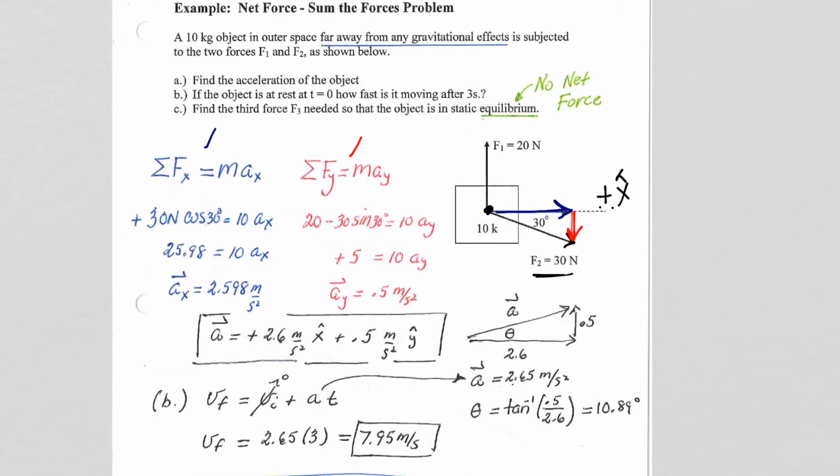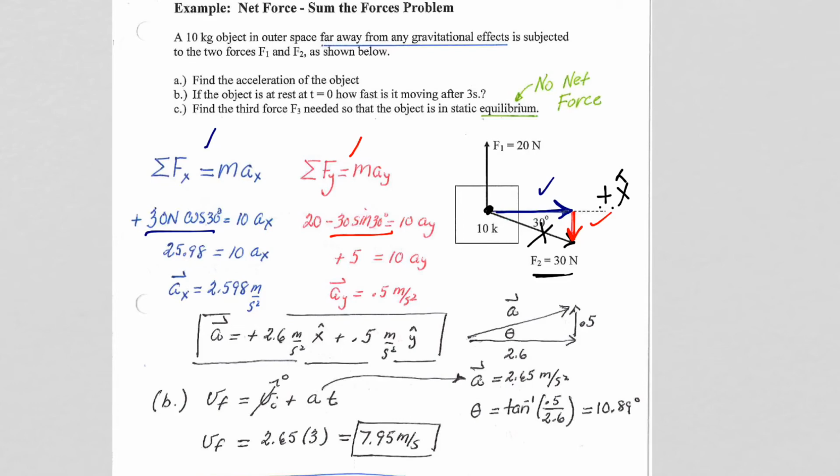And once I've calculated those, so over here you see I have the 30 cosine 30 and the 30 sine 30. So once these are known, the blue one and the red one, I now will no longer use the full 30 newtons at all in my analysis, right?